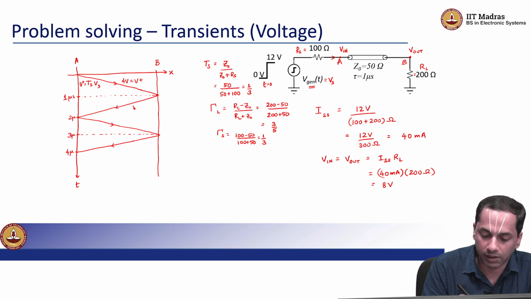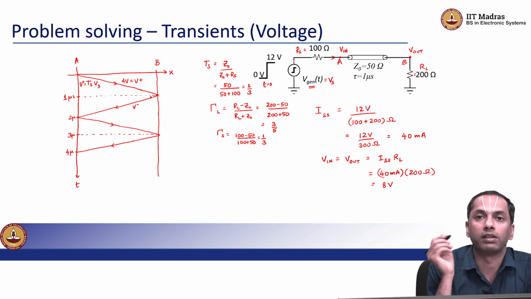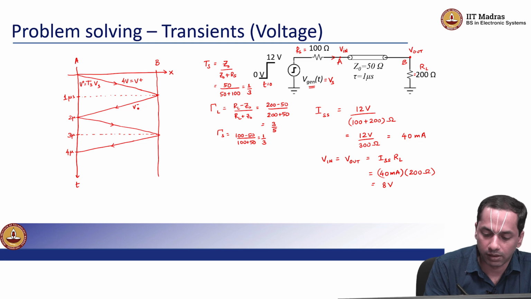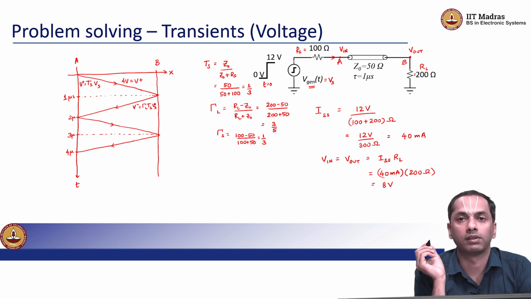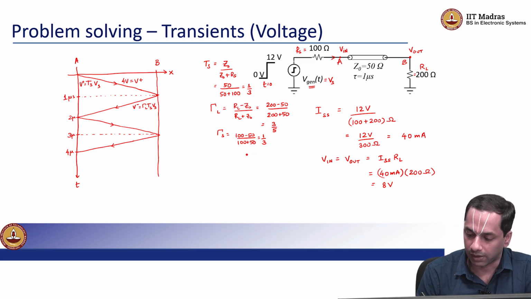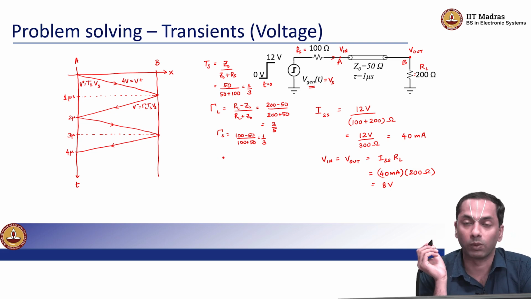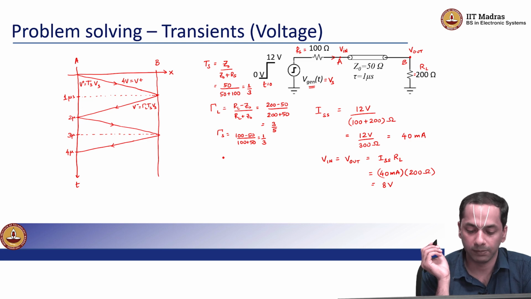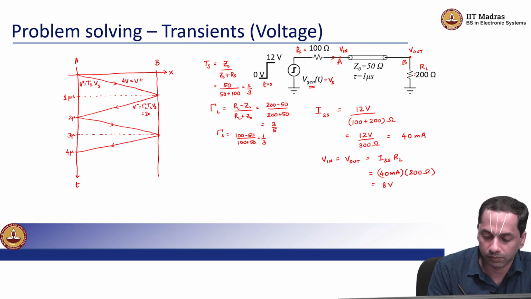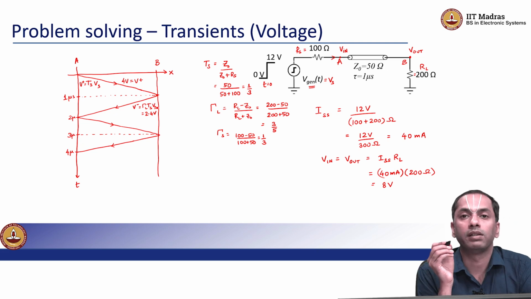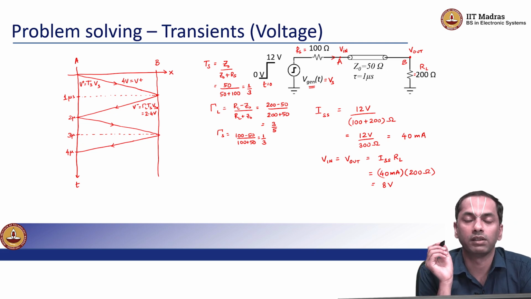V minus going in the backward direction is given by gamma L Ts times Vs. So, what can we say this is? Gamma L is 3 by 5, Ts is 1 by 3, so 1/5 of Vs. So, that is about 2.4 volts being reflected back.